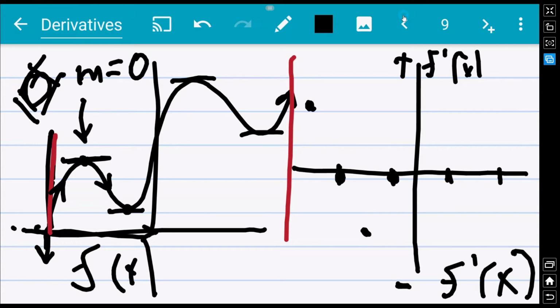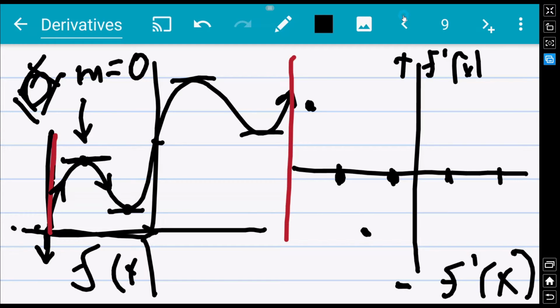Now let's see what happens here. So we have a y-intercept. Now y-intercepts don't matter for derivatives because the derivative is totally different from the actual function. The derivative will only care about the rates of change of this function.